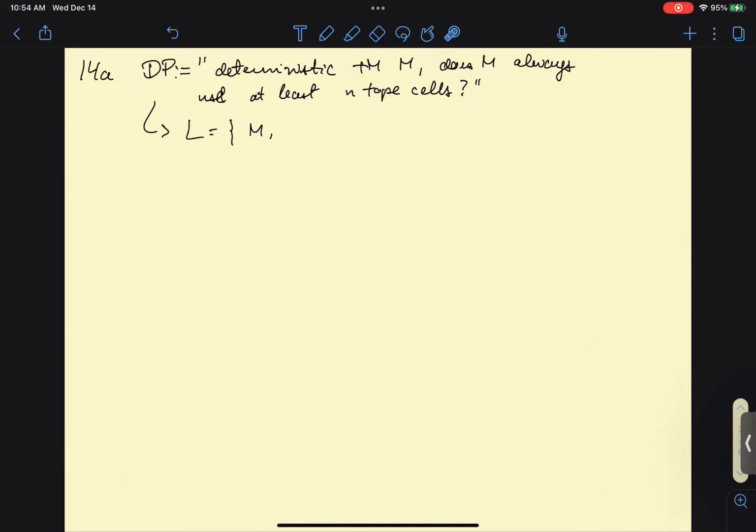So you have M and an integer n, and the answer to the question is yes or no. You concatenate this into a description such that M always uses at least n tape cells. Okay, so do we think this is decidable or undecidable?